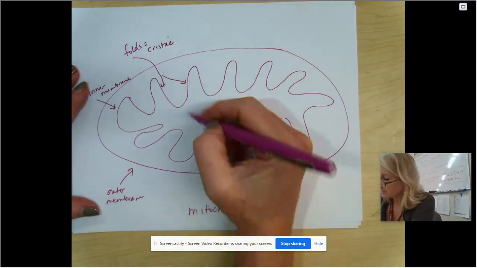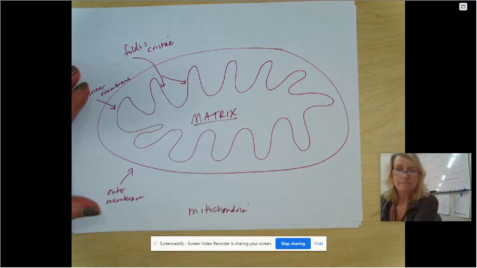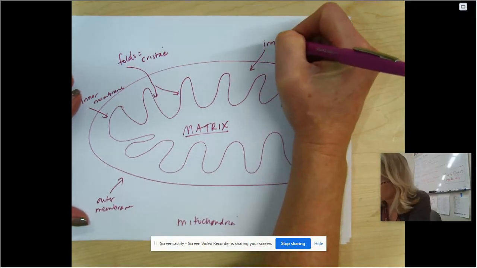This right here is the matrix. And this is your inner membrane space.